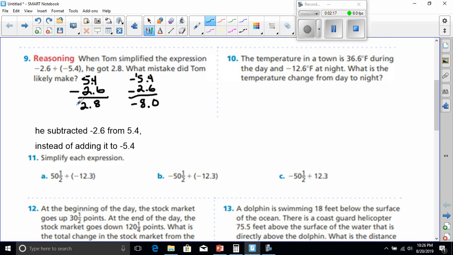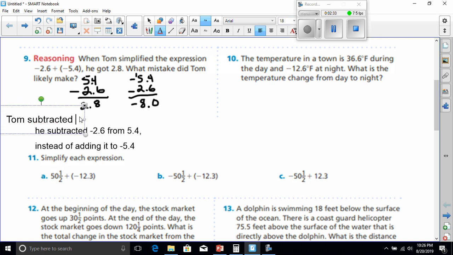Okay, so what did he do wrong? Well, let's see. I would say that Tom subtracted when he should have added.